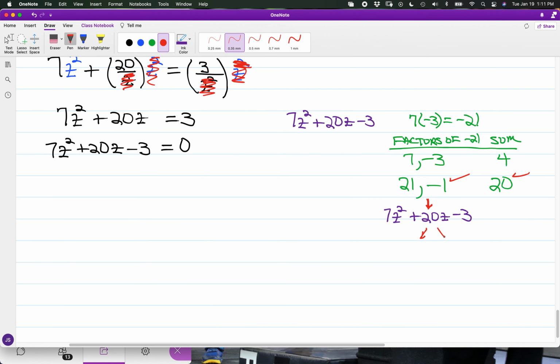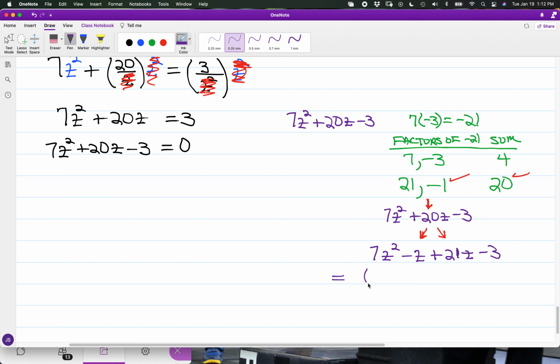And if I have a negative and a positive term, I like to have the positive term come afterwards, and that's to preserve having the middle operation between the first and second pairs to be addition. Okay, so if I do it this way, 7z squared minus z, and you have plus 21z, not 20z, minus 3.